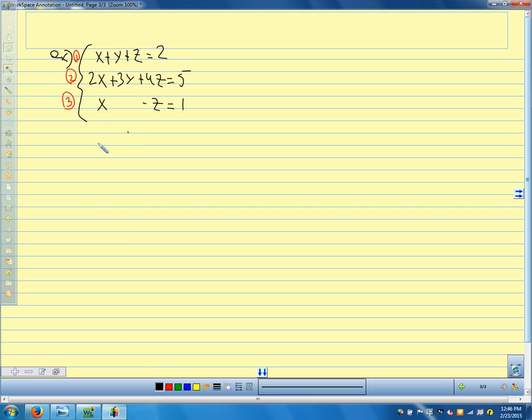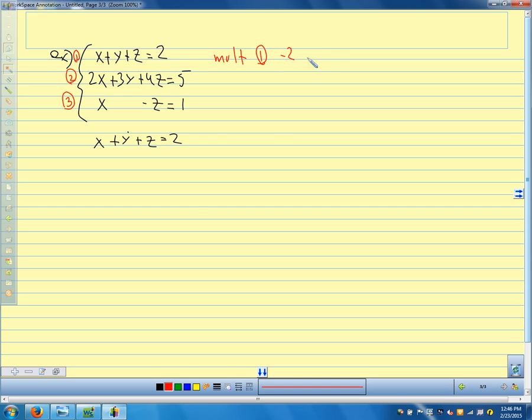The first equation stays the same, x plus y plus z equals 2. So how are we going to get rid of this 2x between these two equations? We want to get rid of that 2x. Multiply the first equation by negative 2.